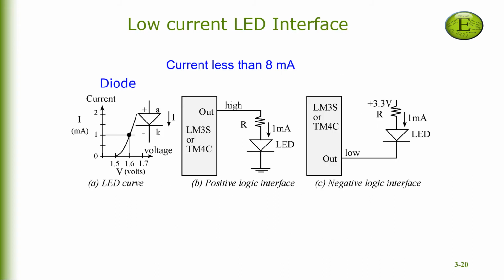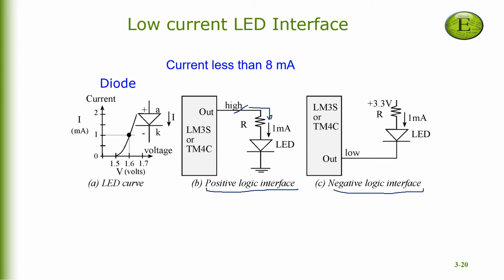Again, we can connect the LED to the microcontroller to be controlled either by a positive logic interface or by a negative logic interface. In case of positive logic, the pin of the microcontroller needs to be set high so that it provides current that flows through the LED.